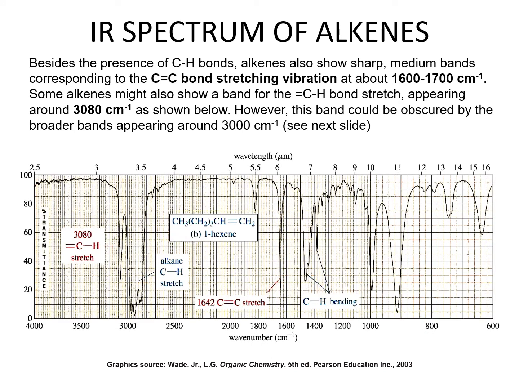Now moving on to alkenes, having a carbon-carbon double bond in the molecule. It's still an organic molecule with carbon and hydrogen in it, so you're still going to see those a little bit less than 3000 wave numbers. You're going to see that carbon-hydrogen alkane stretch. That's still there. You still see the carbon-hydrogen bending at around 1475, 1480.